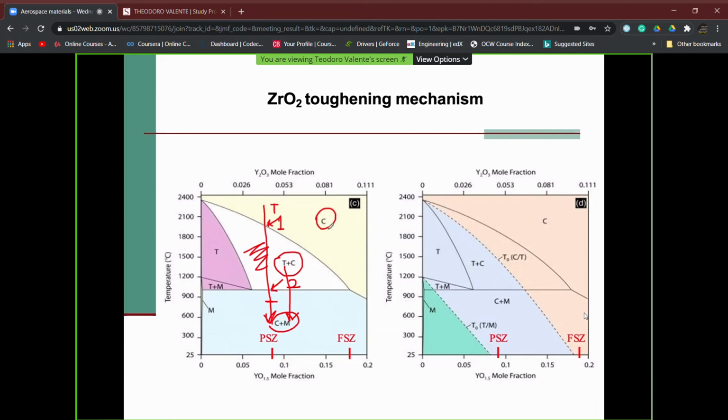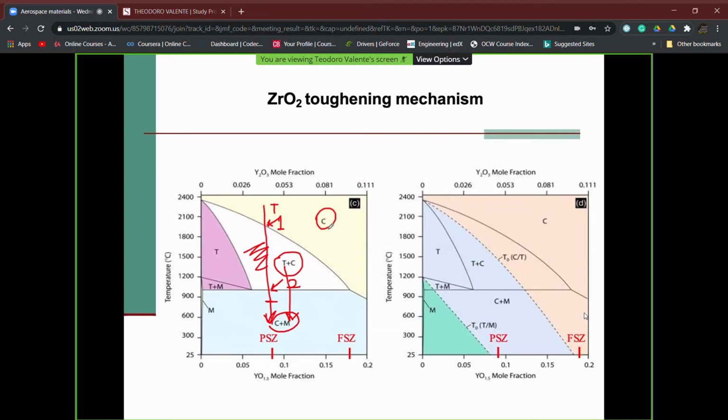And so we say that we have partially stabilized the zirconia because we have a phase which is not going to show any allotropic transformation when we heat again, for example, being cubic at the beginning at room temperature, one phase, and still being cubic till we reach the melting point of the material itself. This is the reason because we say partially stabilized.